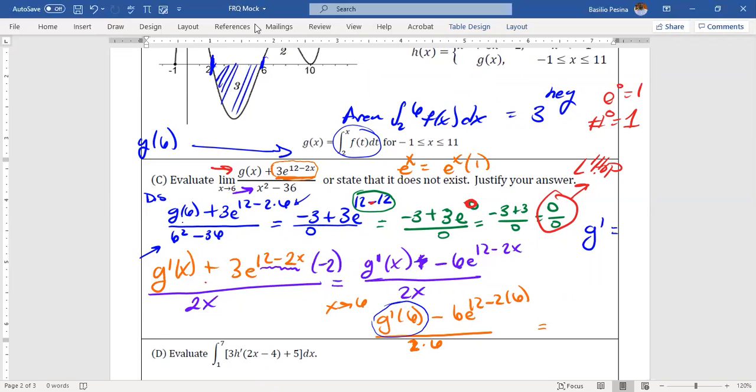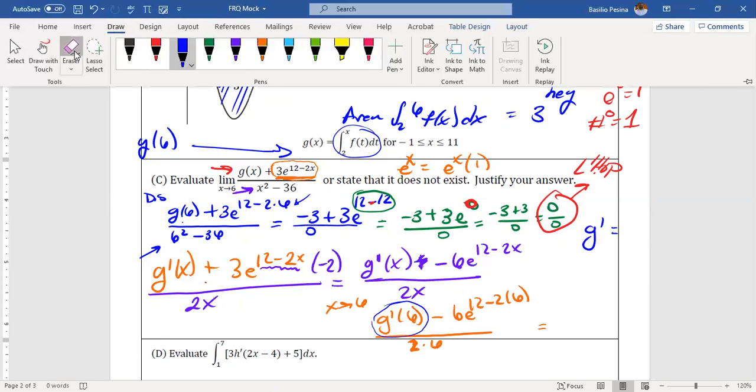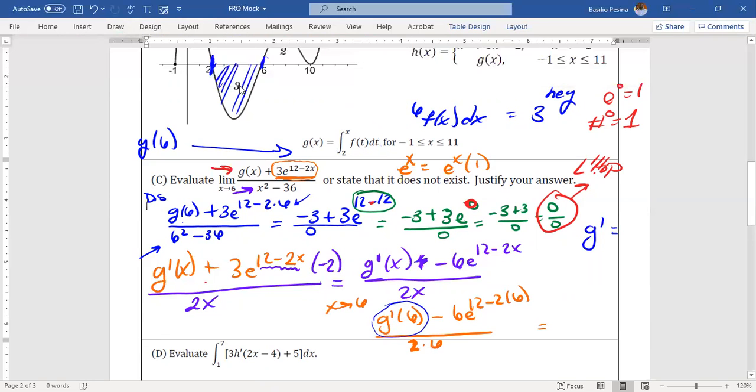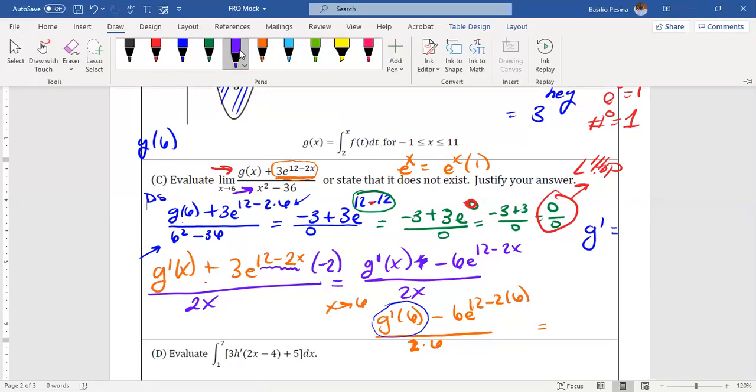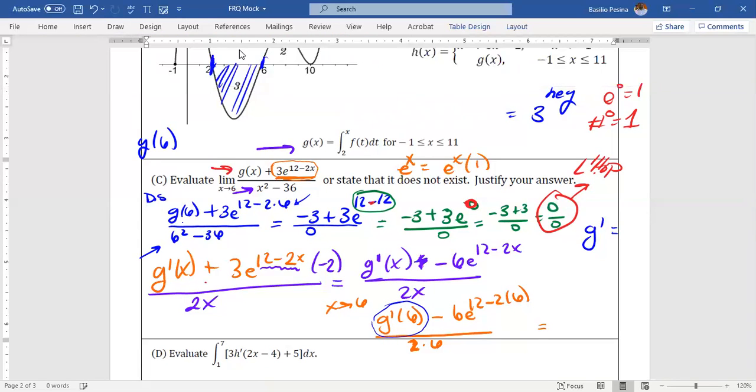Well, remember, if we go ahead and look back onto what g is, this is just basic g. So g prime of x is the derivative of this, right? So the derivative of this is just f of x.